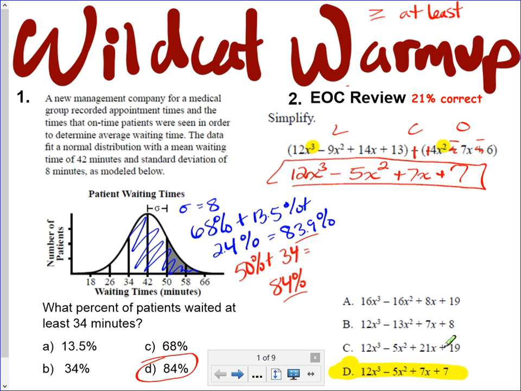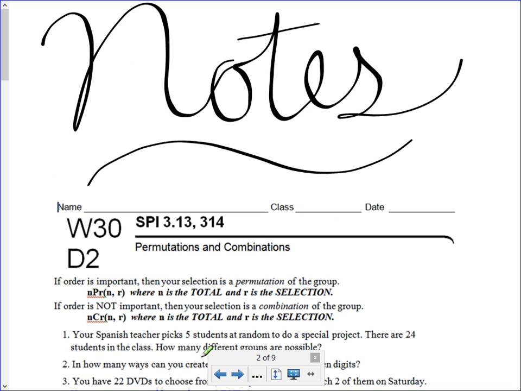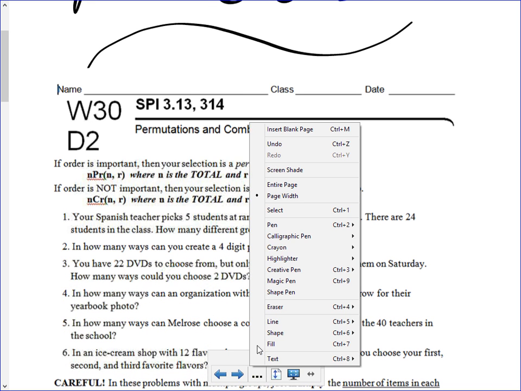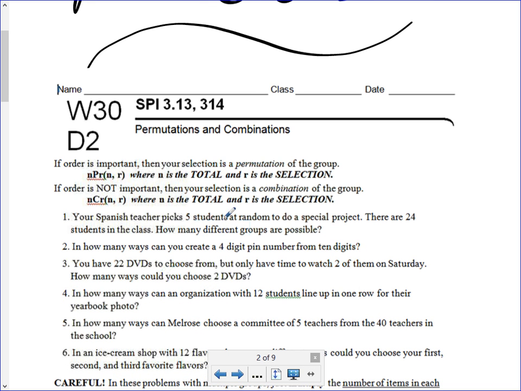Take your warm-up, set aside, look at today's notes. In 10, 9, 8, 7, 6, 5, 4, 3, 2, and 1. We're doing 3 different things today, but what we're working on is possible outcomes.